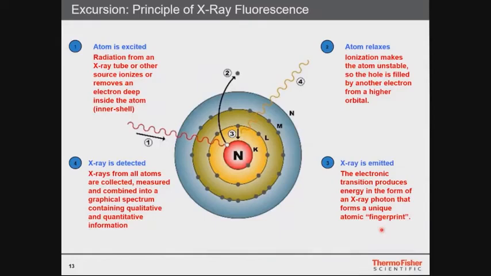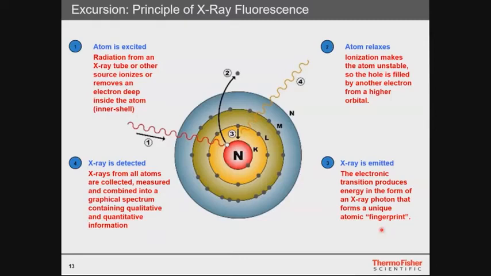And upon filling the hole, it emits X-rays with a specific energy depending on the positions of the electrons. Afterwards, these X-rays are detected, and from the energy we can recalculate the element they are originating from.